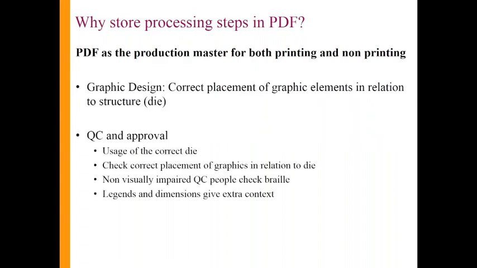The other use case for that is the quality control and approval. When the die is included in the PDF, the quality control can actually see the die that the graphics are designed for versus the correct die. They can check that graphics are placed correctly in relation to that die.